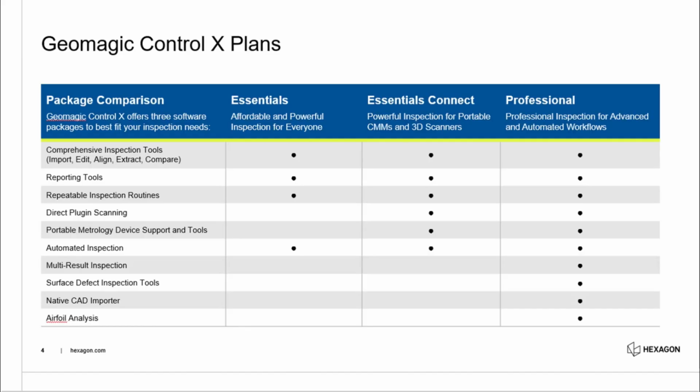Essentials Connect is where we start adding plugins and direct scanning for the portable CMMs and some different handheld laser scanners. And in the Professional version, that's where we really start getting into automation, native CAD importing, and all kinds of fancy comparison tools that are generally industry specific. With that being said, we'll keep this bit a little short, and let's jump into Control X.